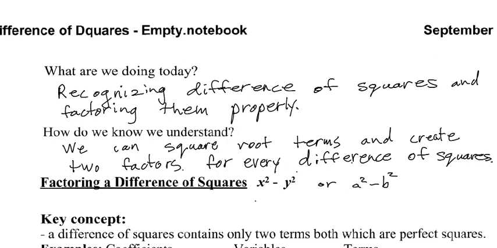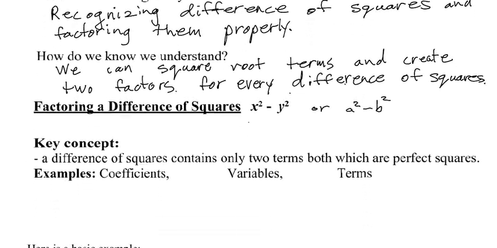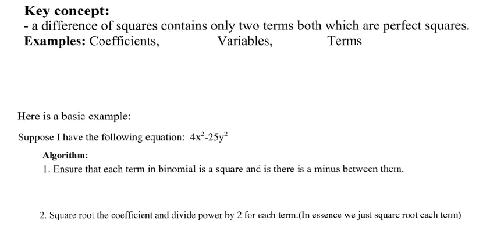Now, this is the key concept that we're looking at today. Key concept. Basically, a difference of squares has two parts, which are two terms, both of which are perfect squares.